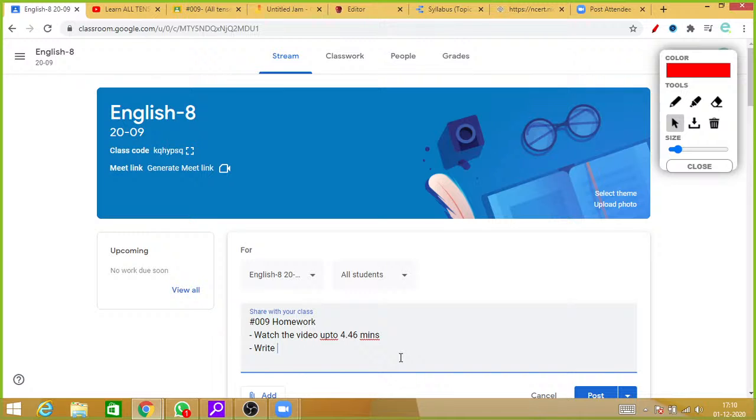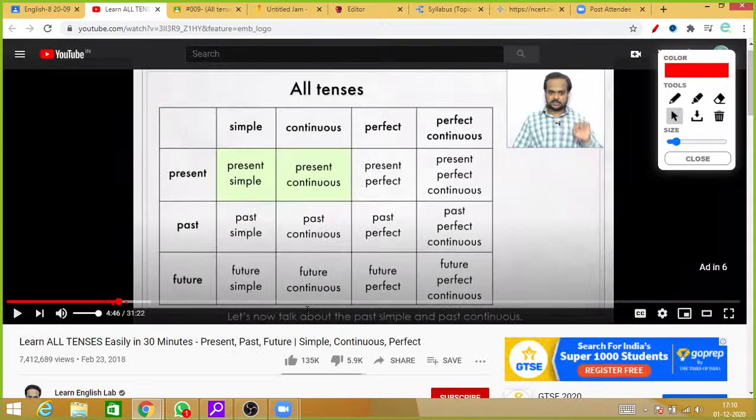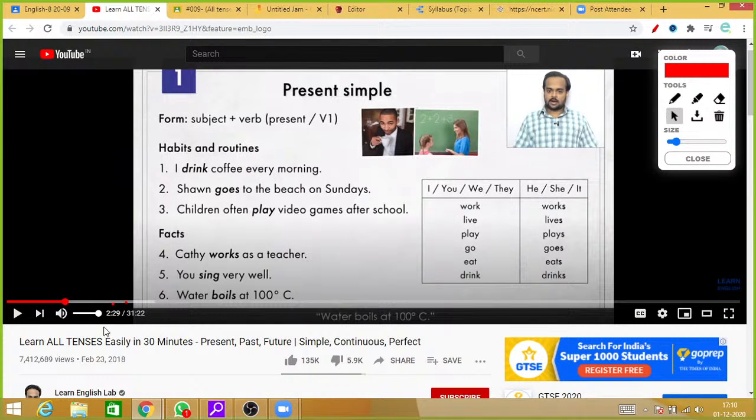Write sentences in the simple present and simple present continuous forms for all the words given at, what was the time there? 2.29.